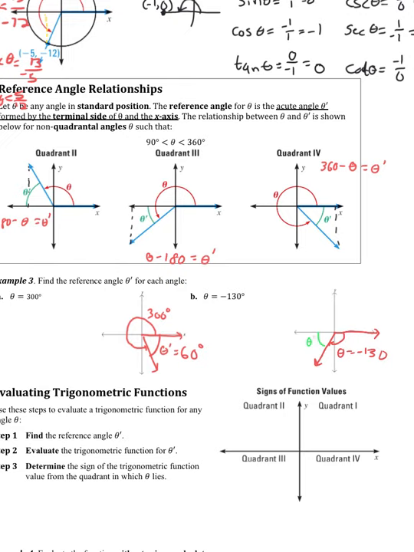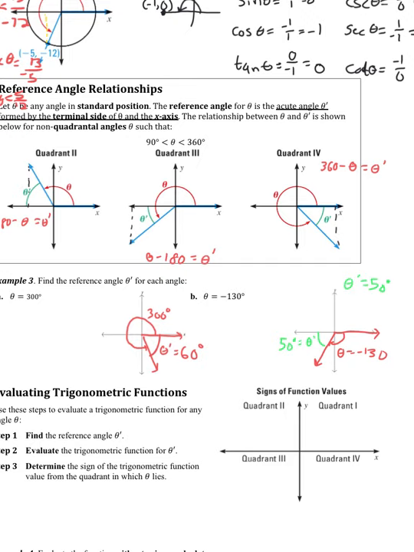So for this one, it's in quadrant 3, or in this case, we could do like the quadrant 2 opposite. But we want to say we've got to get to -180 degrees. So theta prime is going to be 50 degrees to get us there. That might be the easiest way to think about it. Just how far away are we from the x-axis? We are 50 degrees away. Sometimes they can get a little tricky with those negative reference angles.